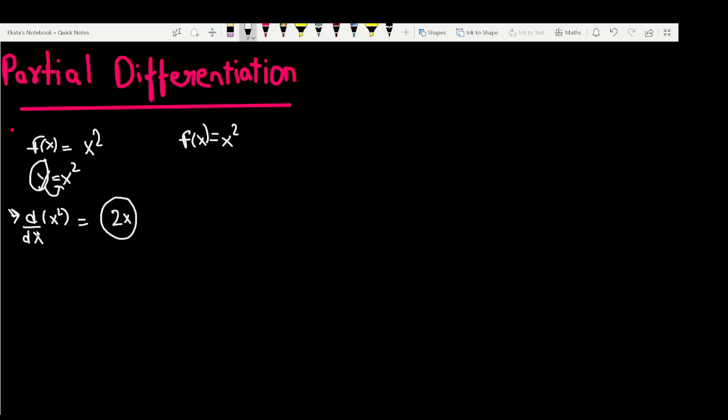But when there is a function which is dependent upon both x and y, let's assume f of x, y. It means the function is dependent upon x and y, which I can write as x y squared.